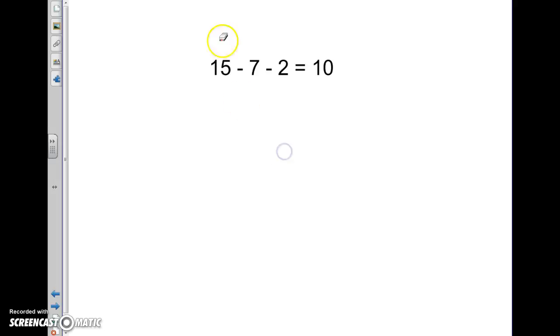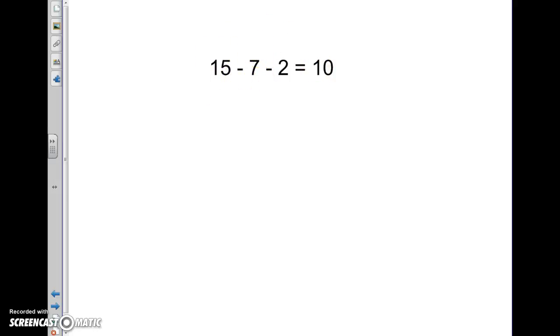So where should we put the parentheses? Knowing that we did 15 minus 7 first this first go around, we don't want to put the parentheses around there because that would just be the exact same thing.